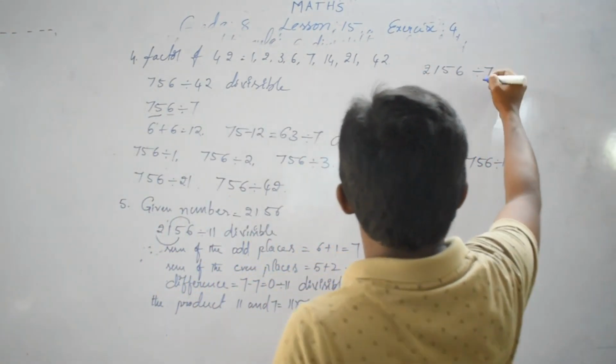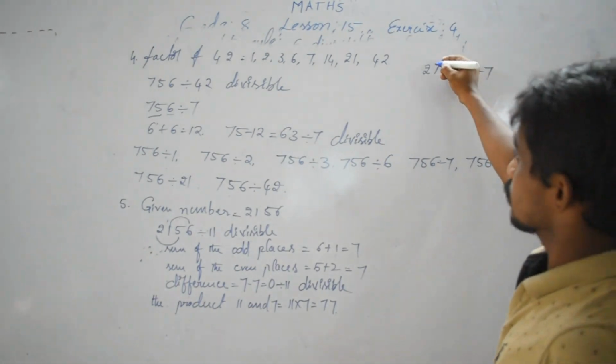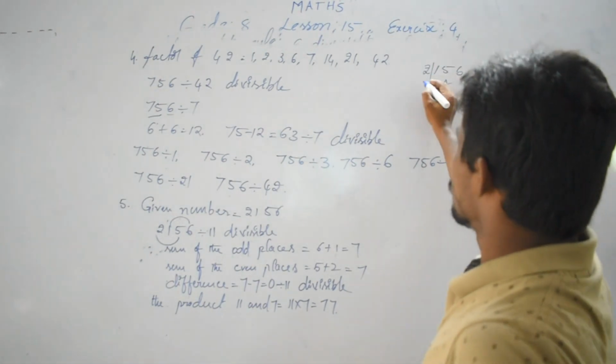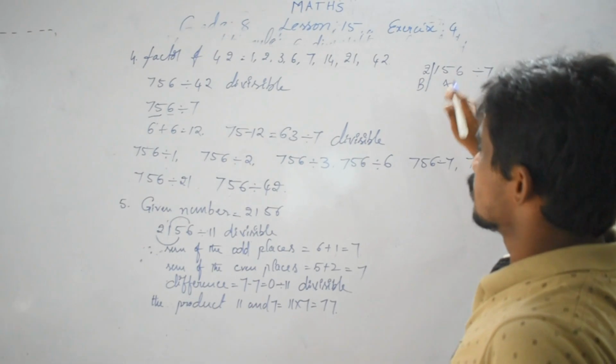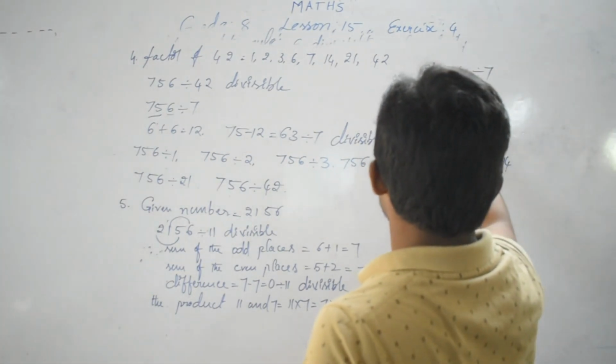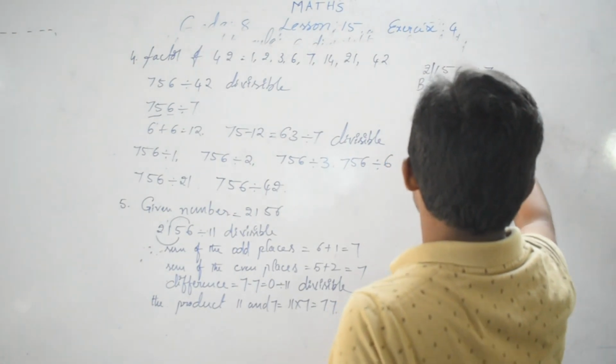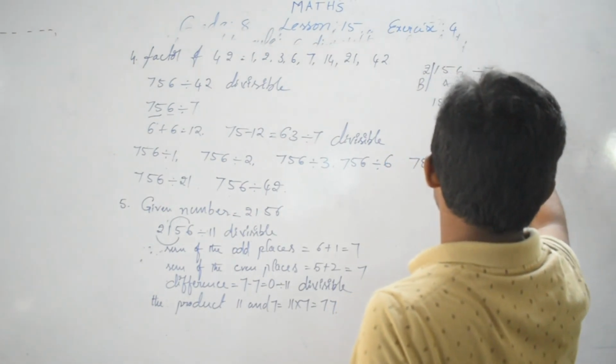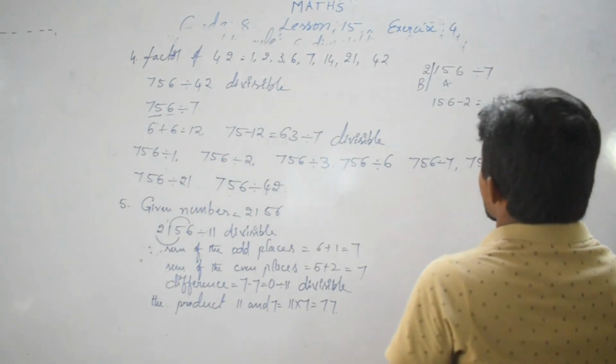So 2156 divided by 7. What is it? Large number given. Formula for 7 divisibility. So 156 minus 2, 154.